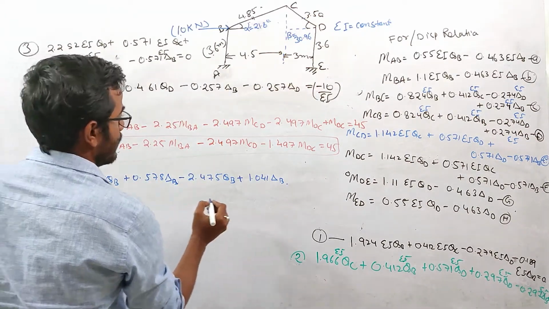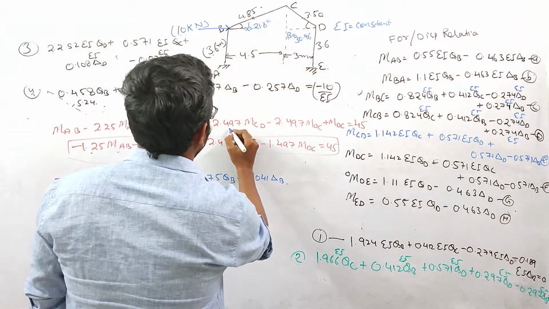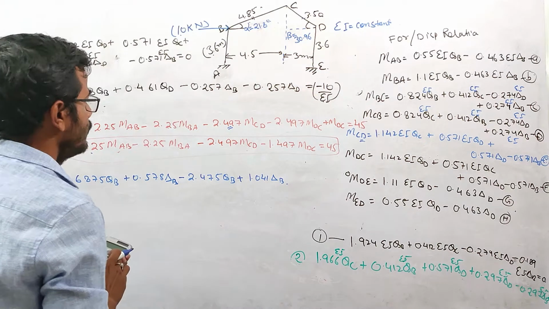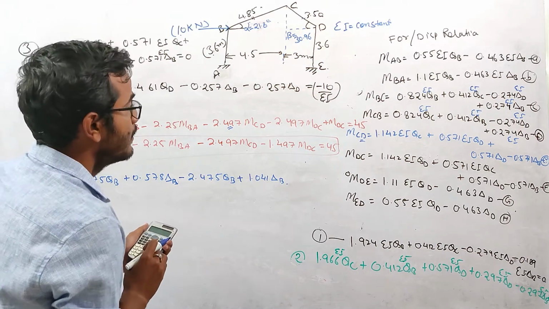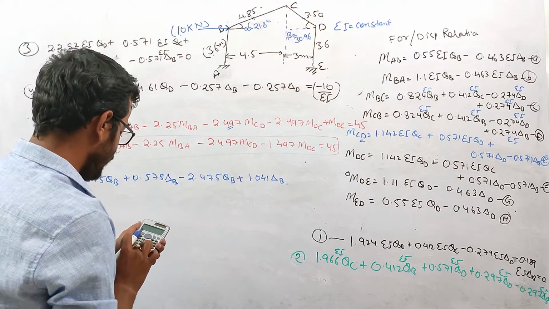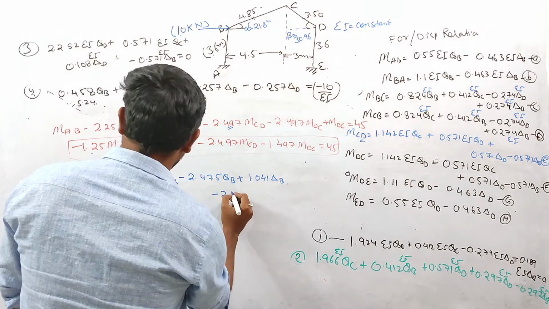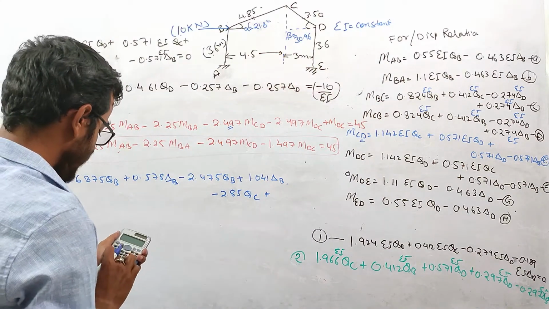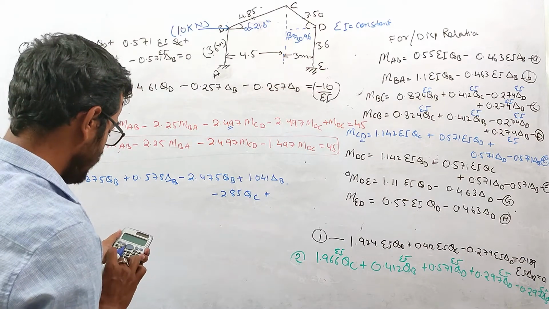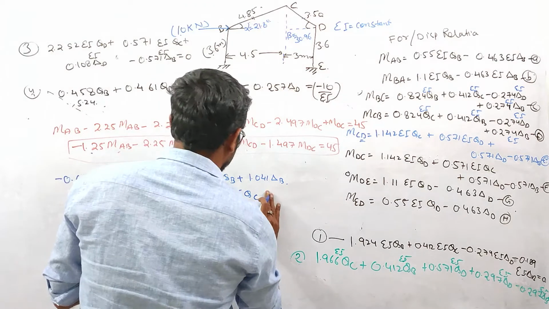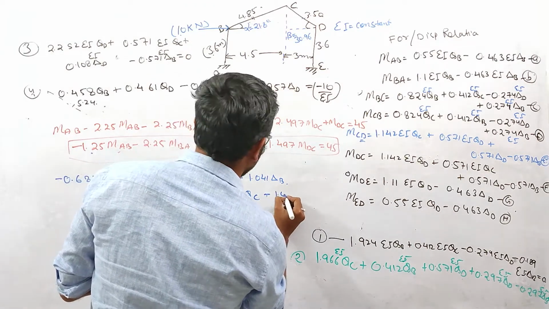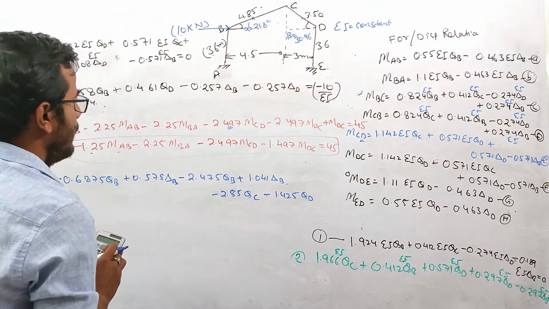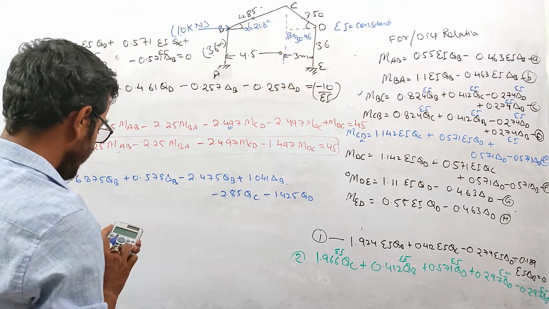So again, I multiply this coefficient by this equation MCD. MCD is this. So this is minus 2.497 into 1.142. So this is minus 2.85 theta C plus 0.571 into minus 2.497. So this is minus 1.425 theta D, right? And minus 2.497 into 0.571.